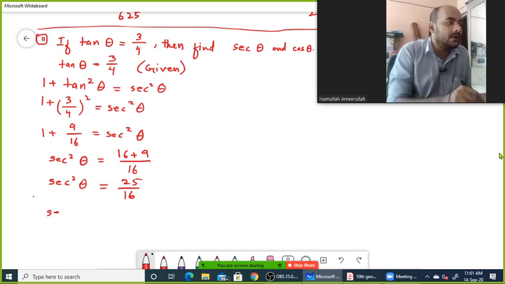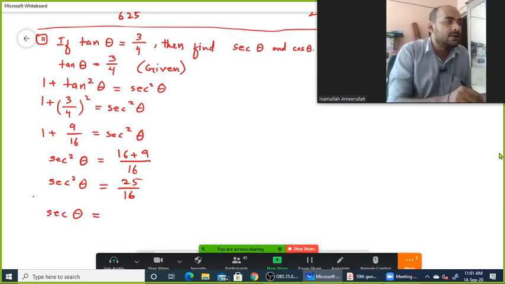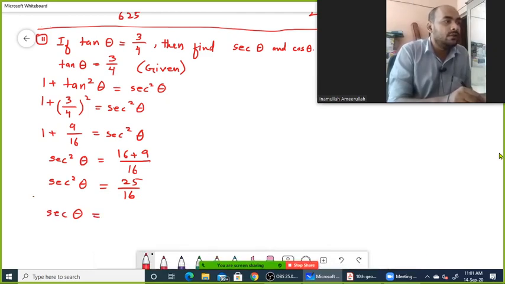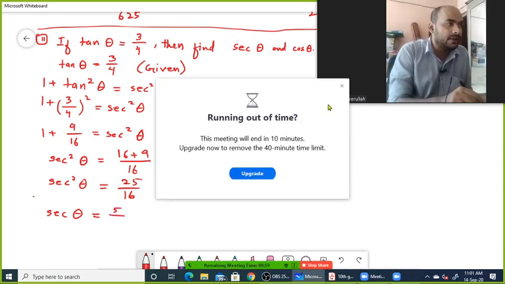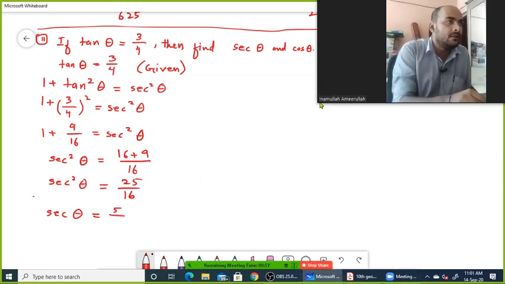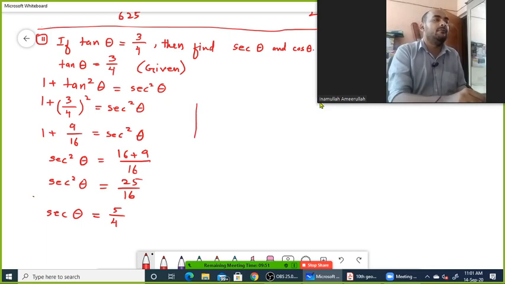So I'll take the square root of both the sides. So on the left hand side, sec square theta will become sec theta. On the right hand side, 25 will become 5 and 16 will become 4. So sec theta is 5 by 4.